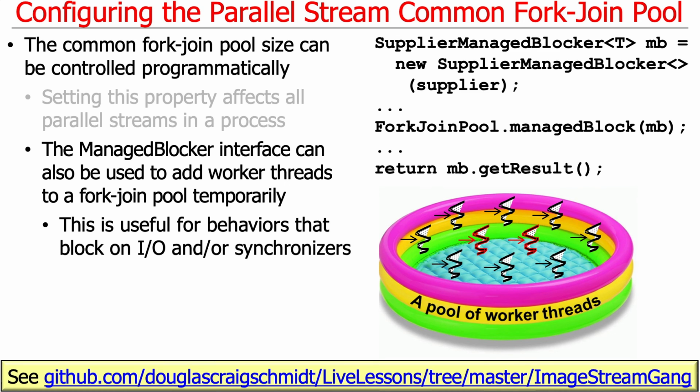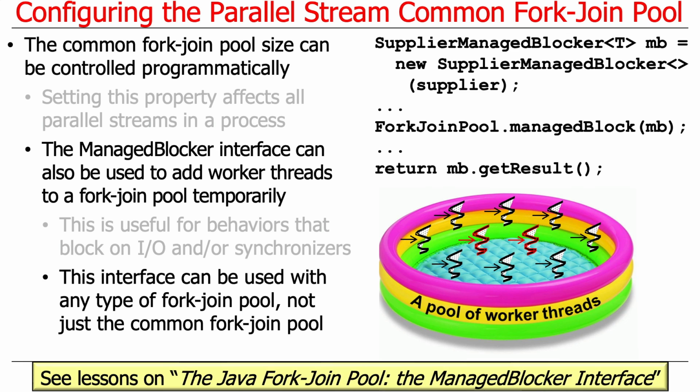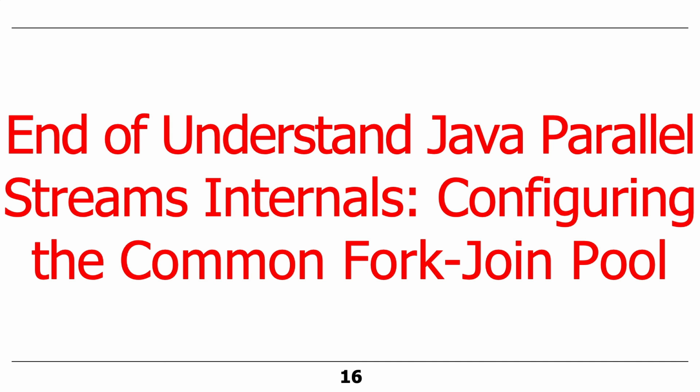That is incorrect. You can use it for I/O as long as you use the ManagedBlocker interface. The other nice thing is you can use managed blockers for any type of fork join pool, not just the common fork join pool, although in the context of parallel streams, that's where it really matters, because that's what we're thinking about here. So that's a quick overview of the mechanisms by which we can configure the common fork join pool.